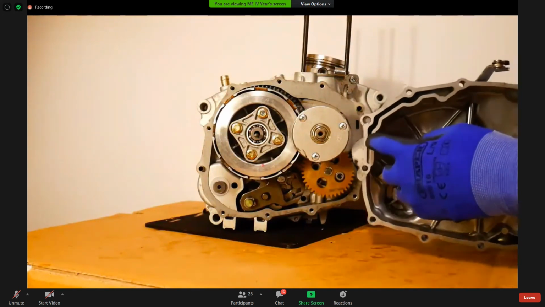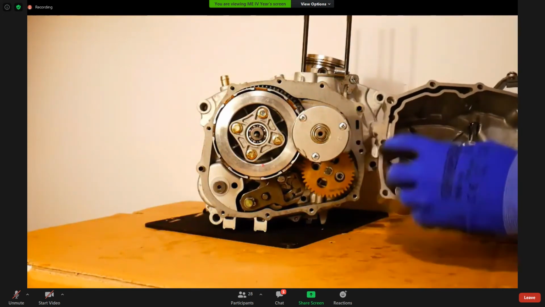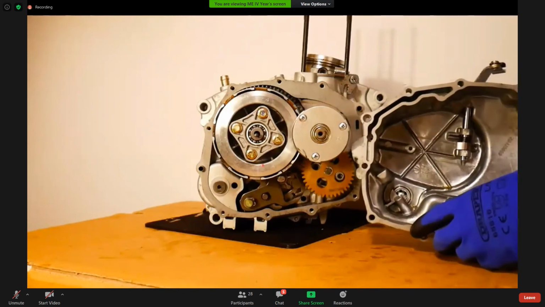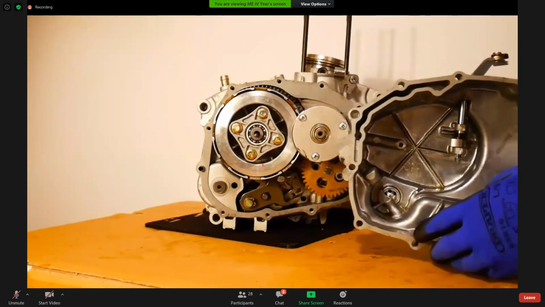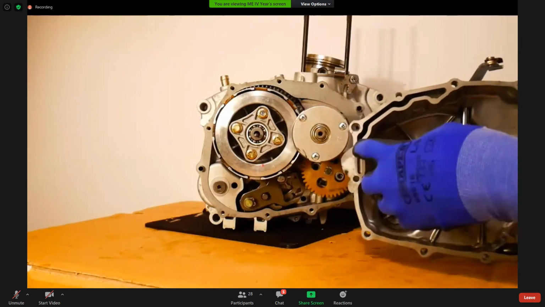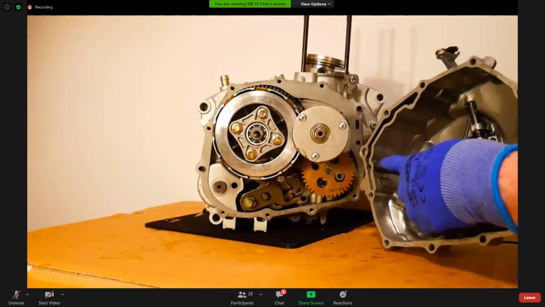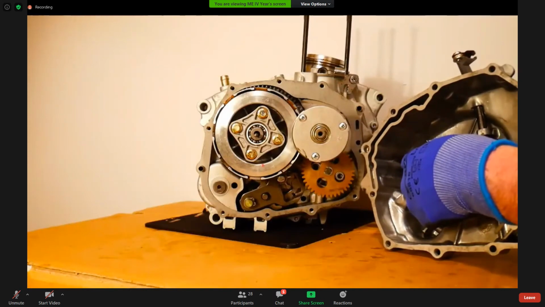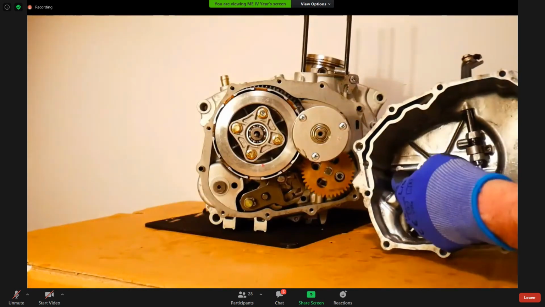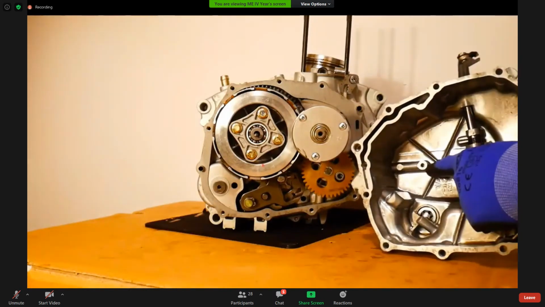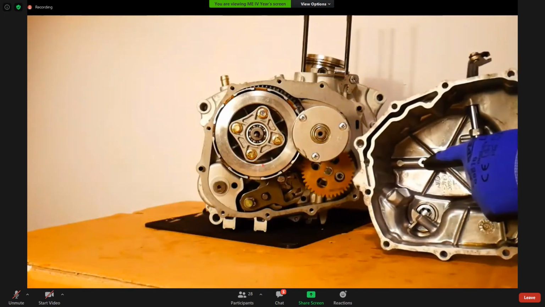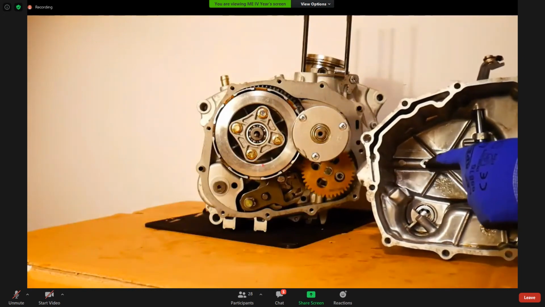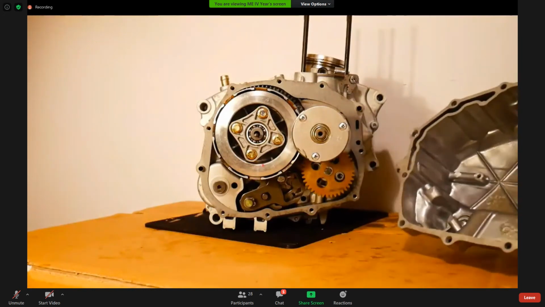So you can possibly see that there is a little hole at the back inside there in the clutch cover. Don't know if you can see that exactly, but it leads down, it causes the oil to be pumped down here, flow down this little reservoir, and you can see that it comes up along here and comes out through this little hole in the reservoir in the clutch cover.